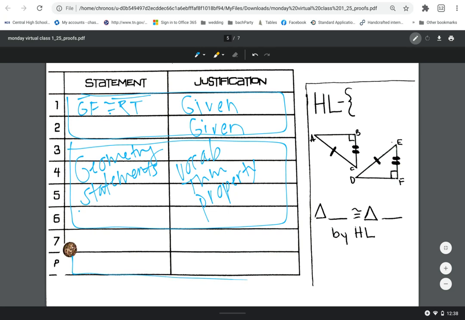Then the last statement is always what you needed to prove.